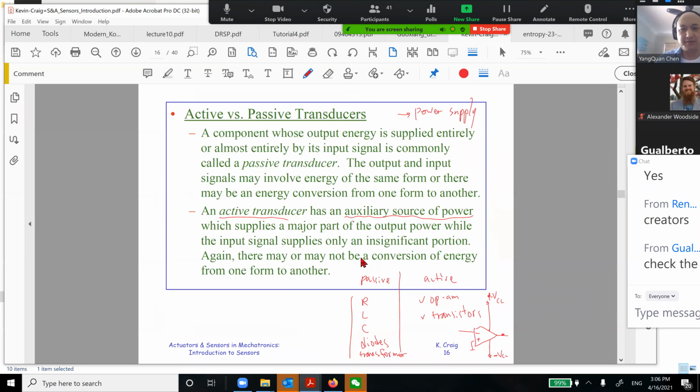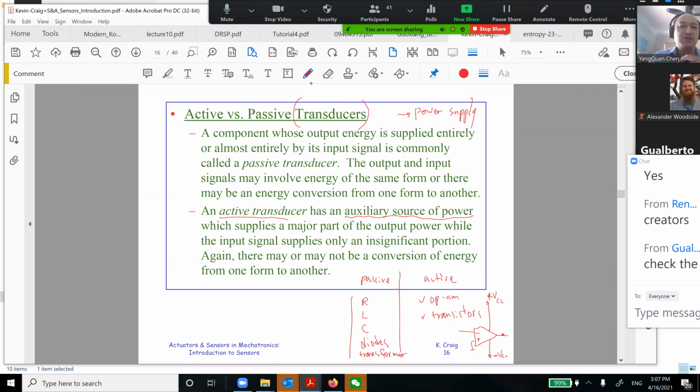So in a nutshell, we should have a general classification of sensors and transducers. I'm not sure whether your dictionary has this term, transducers. A transducer converts one variable to another variable. Is that right?